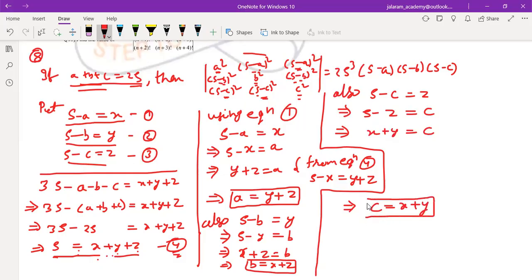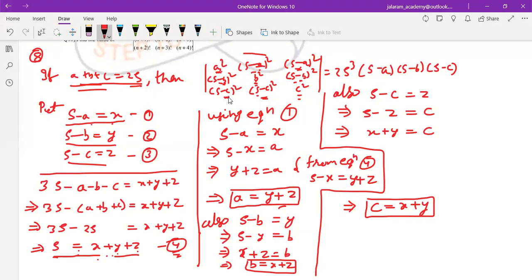So all the terms now are in terms of x, y, and z. In place of a, we will write y plus z. In place of s minus a, we write x. So it is (y plus z) whole square, x square, x square. In place of s minus b, we write y. So y square, and in place of b, we write x plus z: y square, (x plus z) whole square, y square.